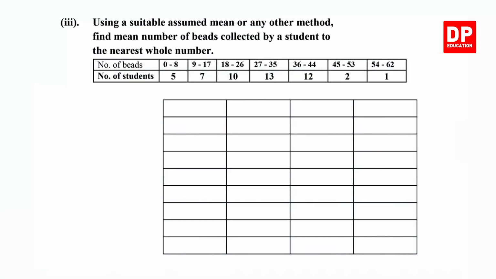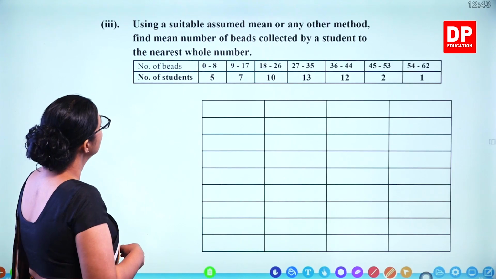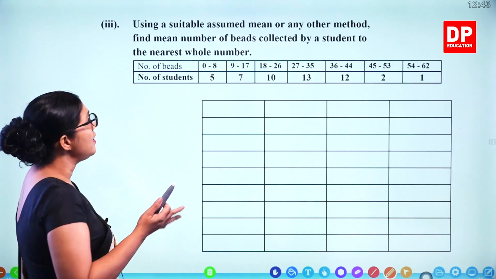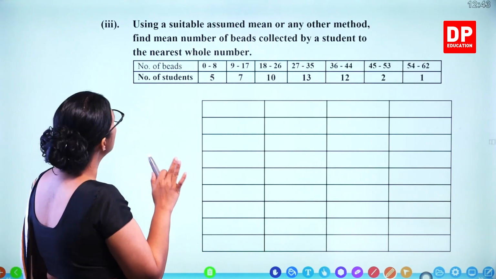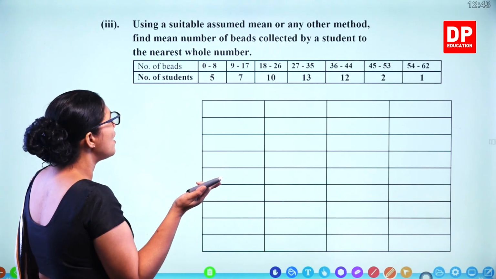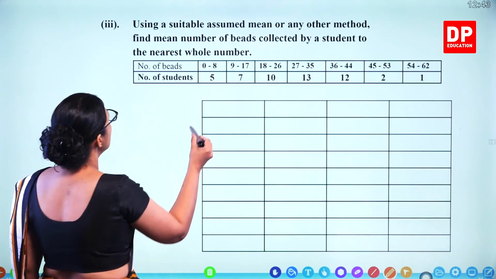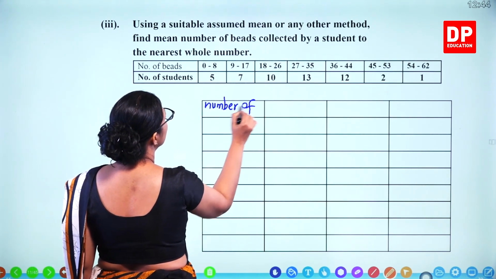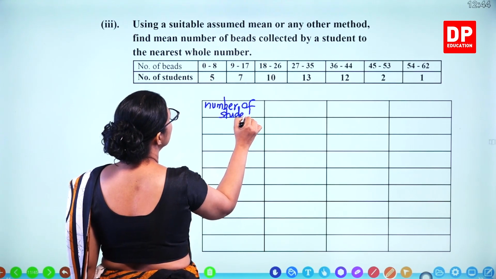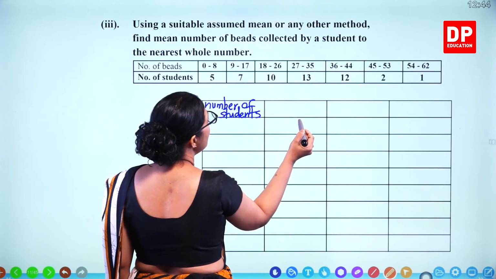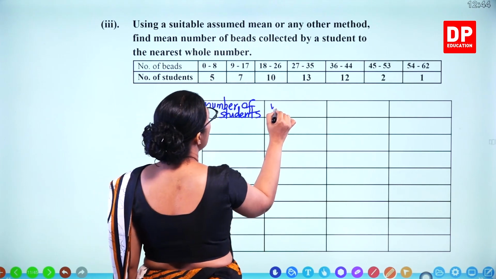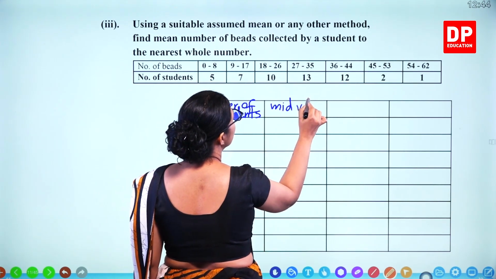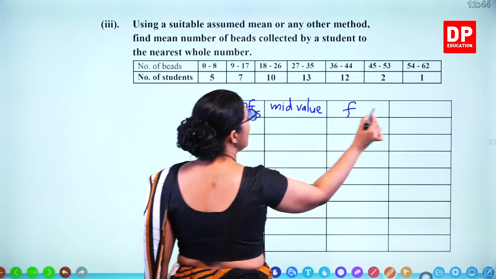Using a suitable assumed mean or any other method, find the mean number of beads collected by a student to the nearest whole number. We can find the mean using any method, either the assumed mean method or another way. I'll use the normal way of finding. This is the number of students, and you need the mid value, f and fx.